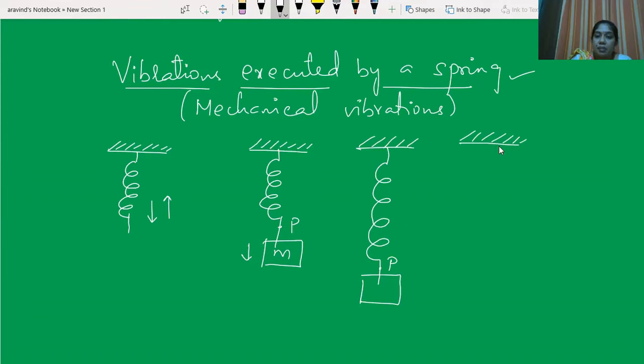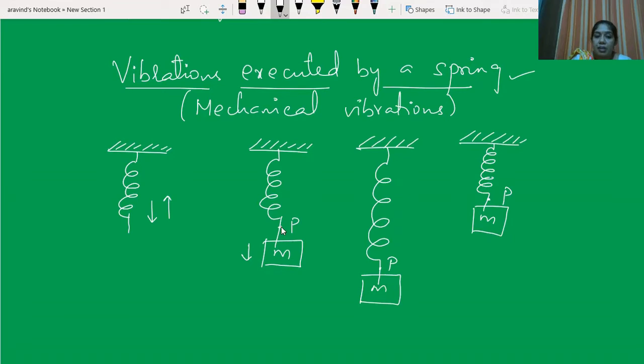Once it is expanded, the next time it is contracted, and the point P has come here. So when I pull the spring, which is attached to a load at the free end, and leave it free, the spring expands and contracts and gradually comes to its equilibrium position.